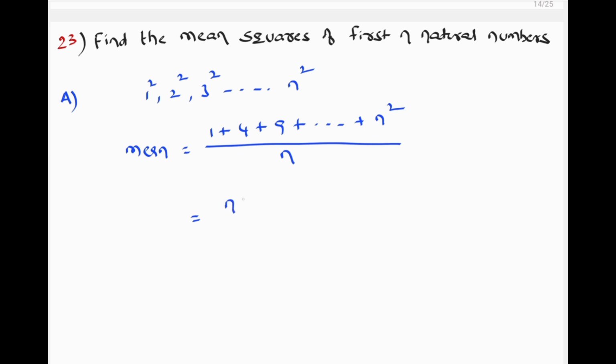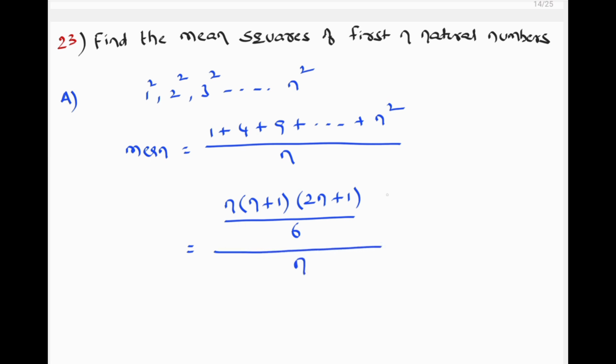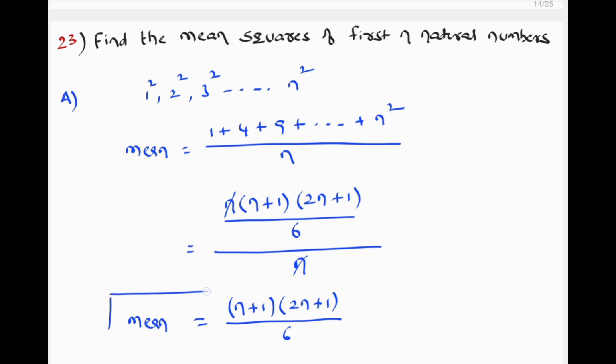The formula will be n into n plus 1 into 2n plus 1 whole by 6, whole by n. It is the formula for the sum of squares of first n natural numbers. So on cancellation of n, we are having n plus 1 into 2n plus 1 whole by 6. So it is the mean of squares of first n natural numbers.